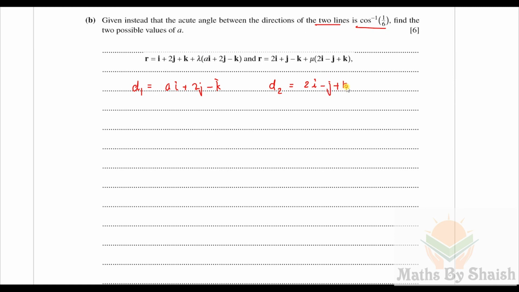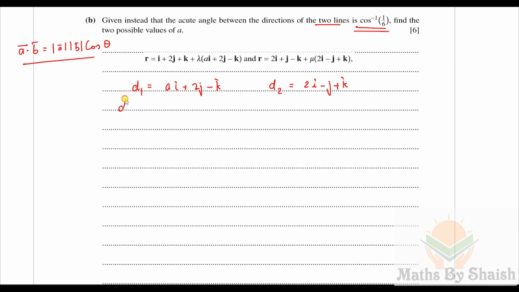Now we have two direction vectors, so if we want to find the angle, we have the formula: if we have vector A and vector B, then its dot product is going to be modulus of vector A into modulus of vector B into cos of the angle between them.